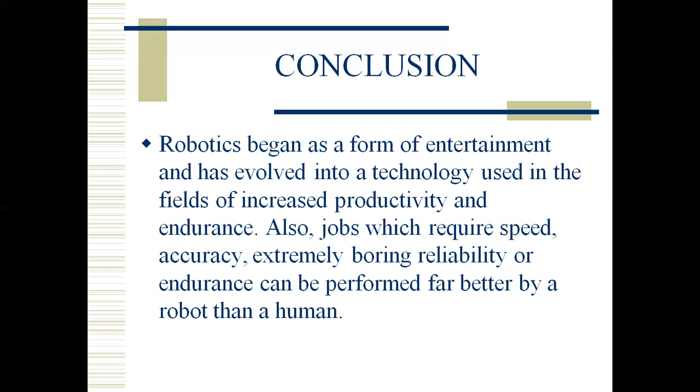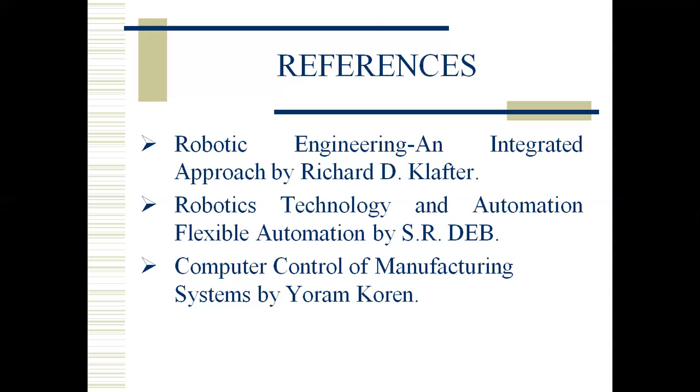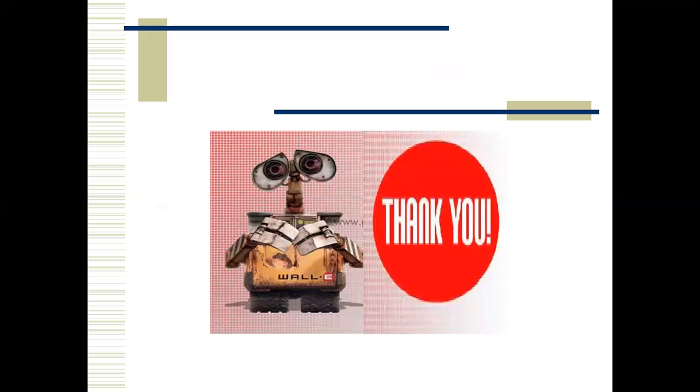Also, different jobs which require great speed, accuracy, or endurance, or are extremely boring, can be performed far better by robots than by humans. So finally, the conclusion is that by utilizing these robots without any human involvement, the entire task will be done with perfect accuracy. Thank you.